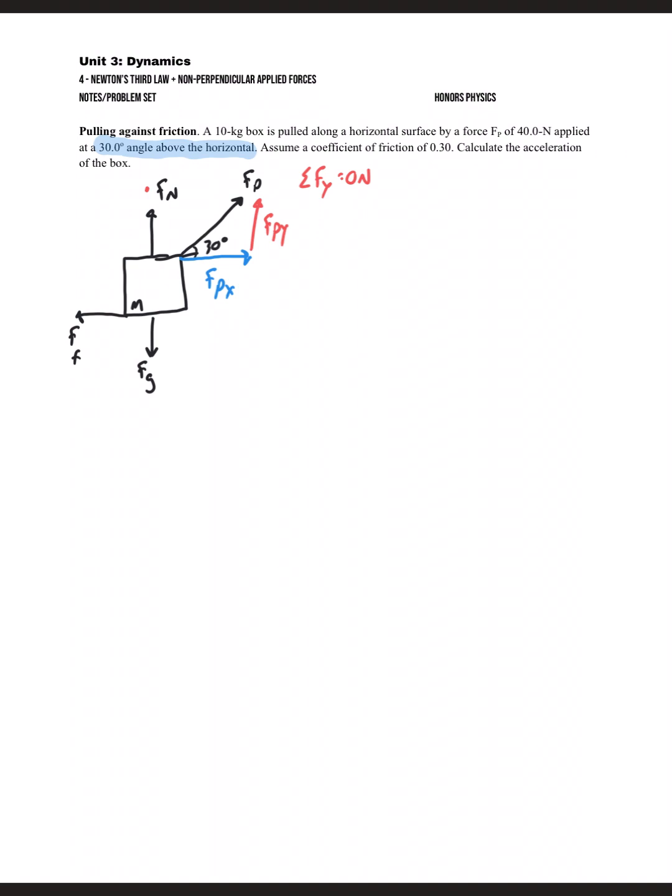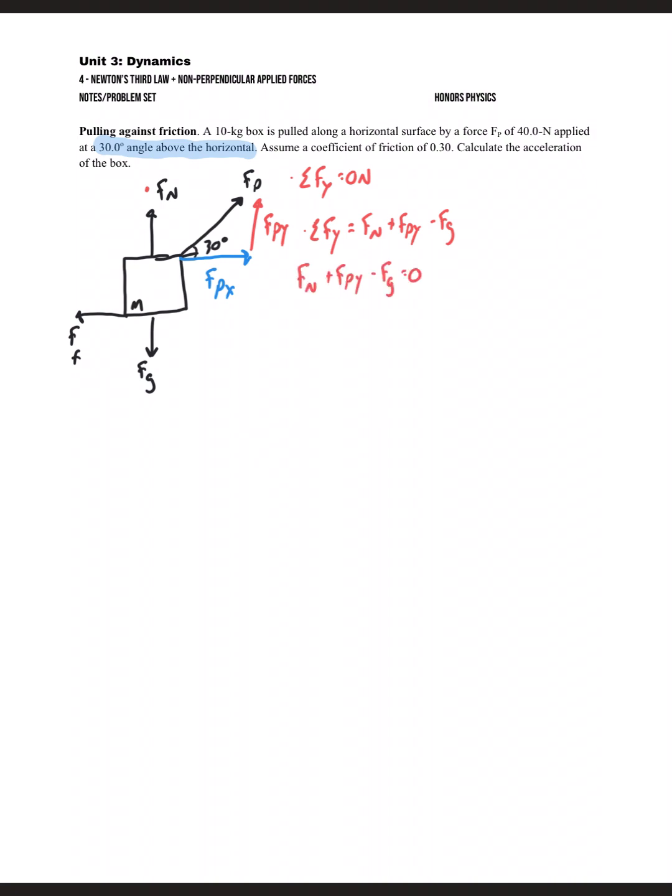I have to use the components in order to solve what's going on. So in the net force in the y direction, the forces responsible for that are the Fn, the Fpy in the up direction, and Fg in the down direction. And subbing these two things in, they're equal to 0.